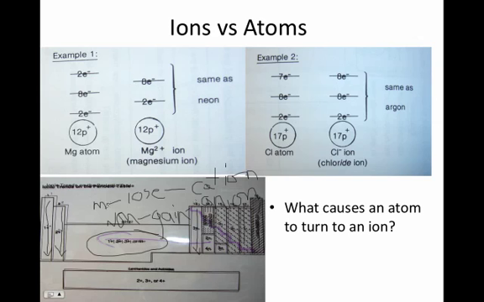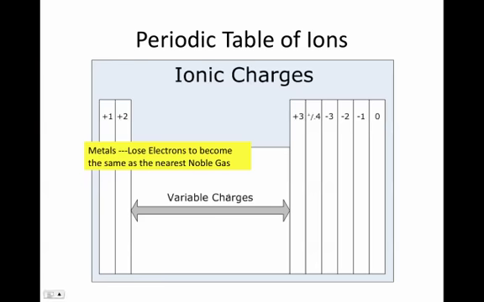Cations for metals, which are positively charged ions, anions for nonmetals. So here's what it looks like again. Metals lose. These are the noble gases. Here are the halogens. This group or family has no specific name, but they would form 2 minus, then the alkaline earth, and the alkali.